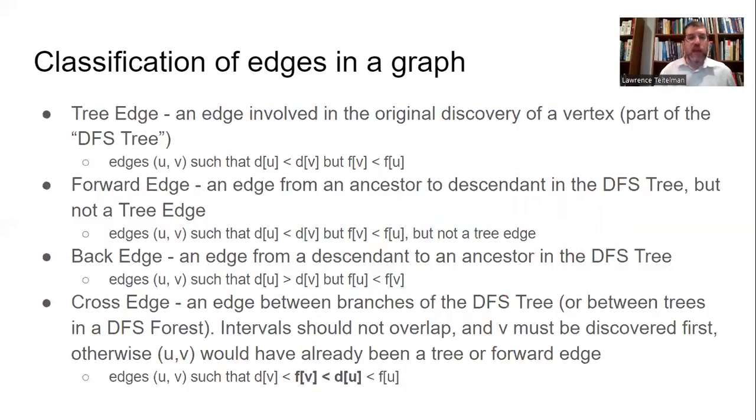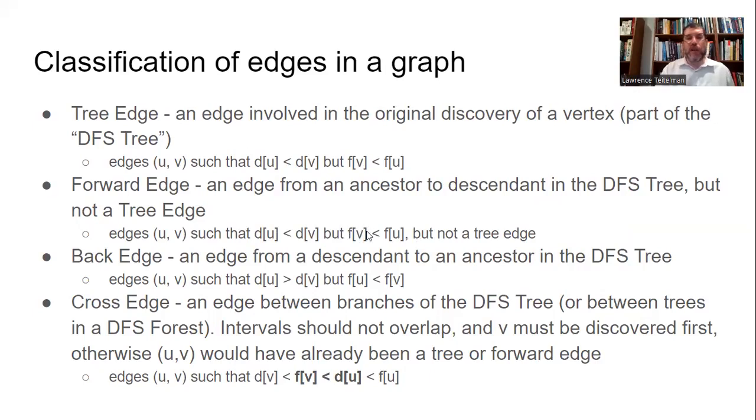On the previous slide, I relate what we just did to the discovery times and the finish times. Something is going to be a tree edge if its discovery time is before the other one's, and the other one finished before it. That's called the tree edge. A forward edge also has discovery of the one before the discovery of the other, and the finish of the one after, but it's not a tree edge.